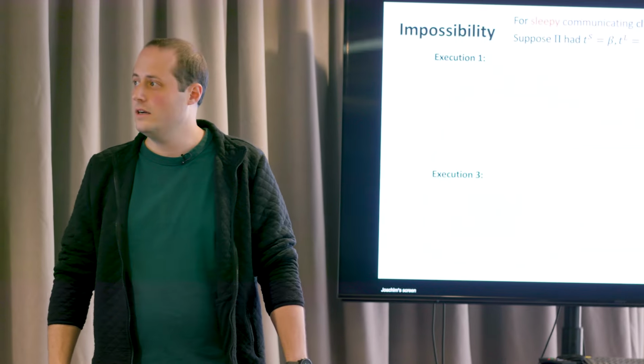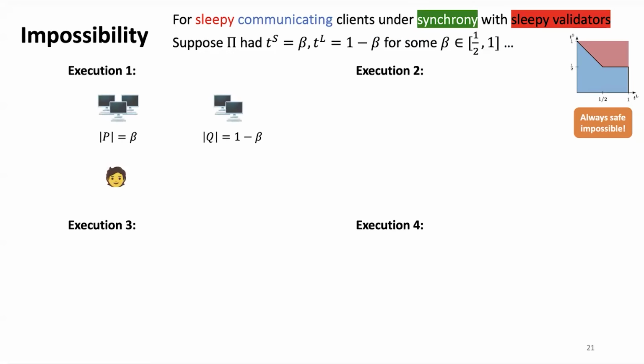Specifically, in the first execution, we're going to consider the validators partitioned into 2 sets. One is beta, and the other is all the others, 1 minus beta.